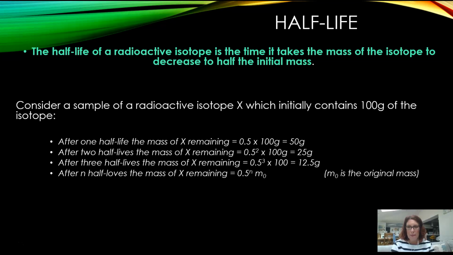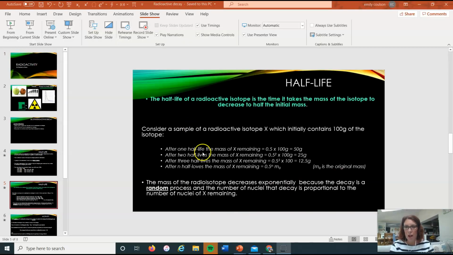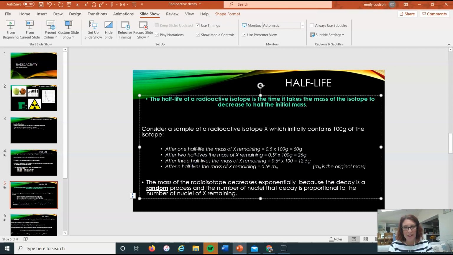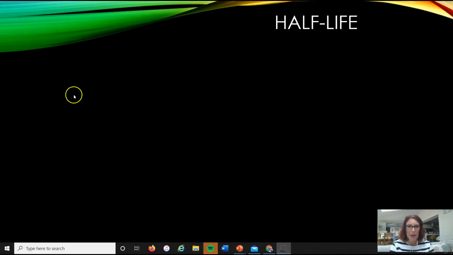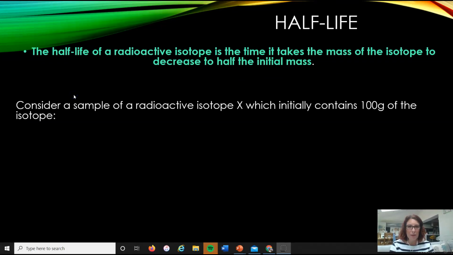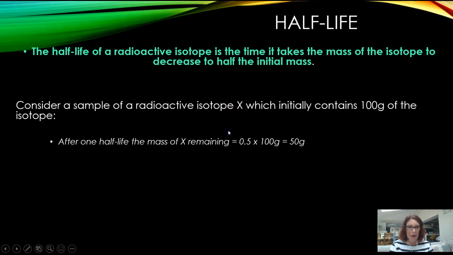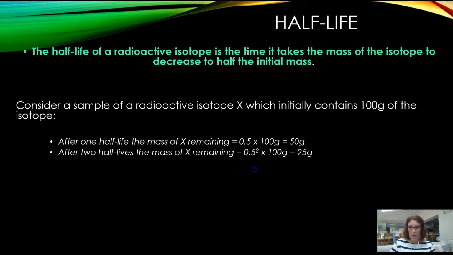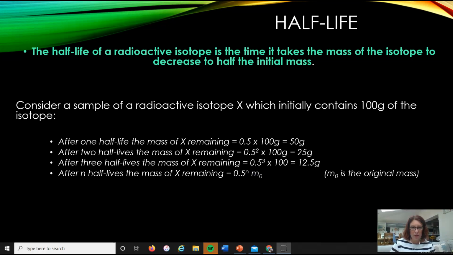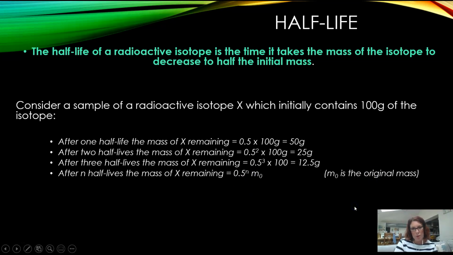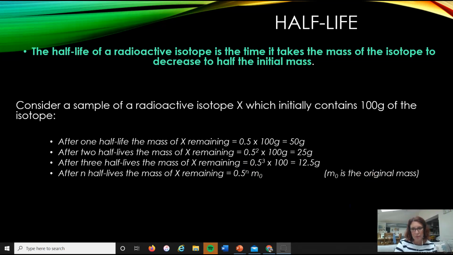So after n half-lives, the mass of the original isotope you have left will be 0.5 to the power n times m0, which is your original mass. Okay.